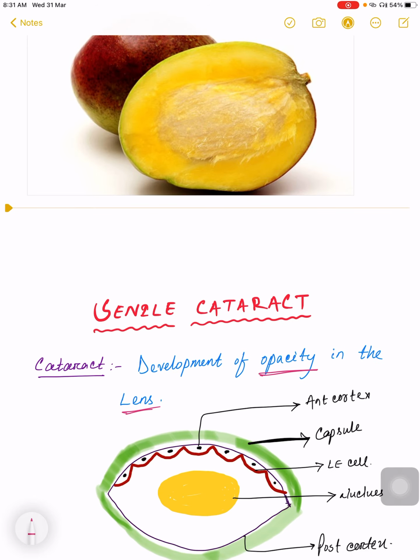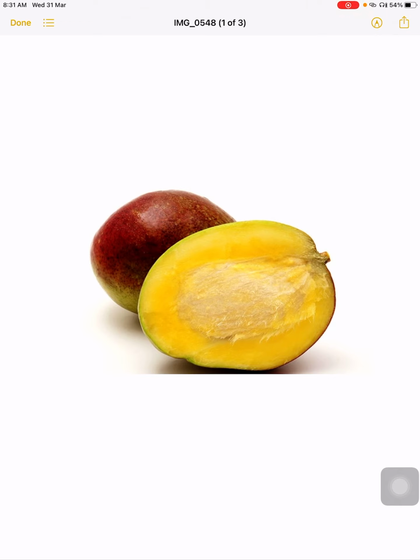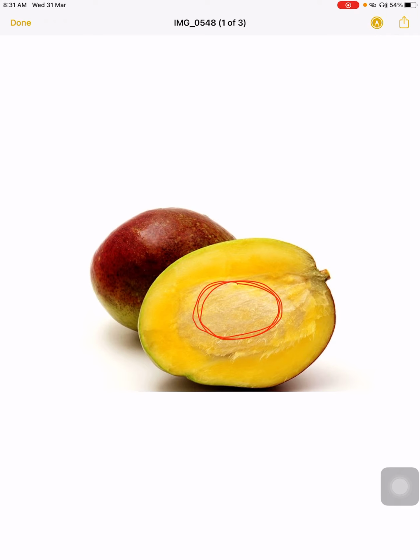See, this is the mango pulp, right? This is the seed. The seed is compared with the lens nucleus.